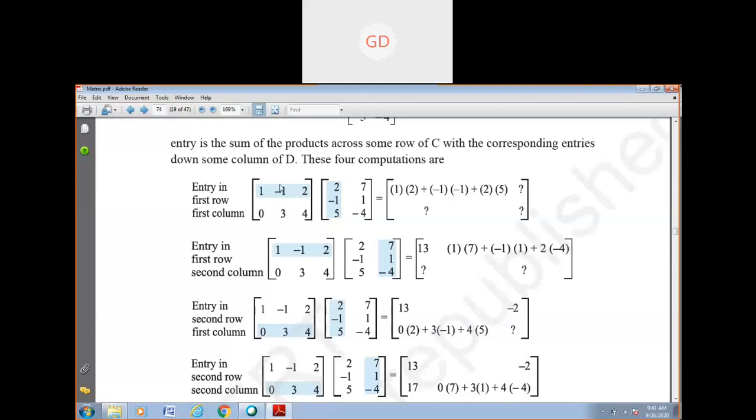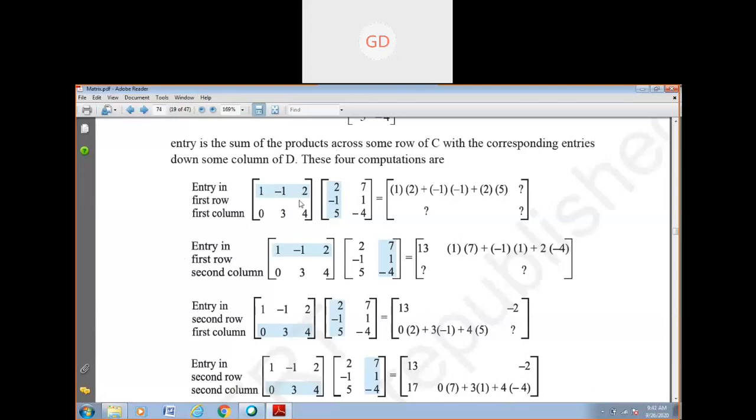So first row into first column, we have 1 into 2, minus 1 into minus 1, 2 into 5. This gives us only one element, that is the first element of the first row. And since we are multiplying by the first row, we will get the first row in the resultant matrix.